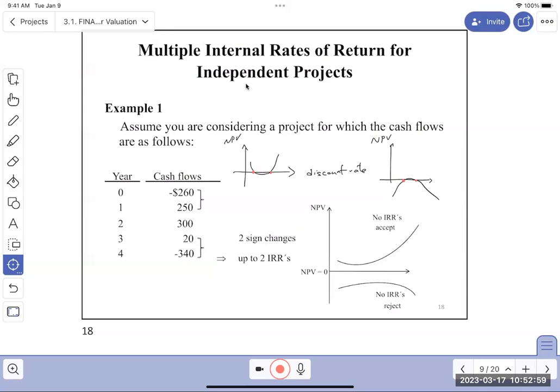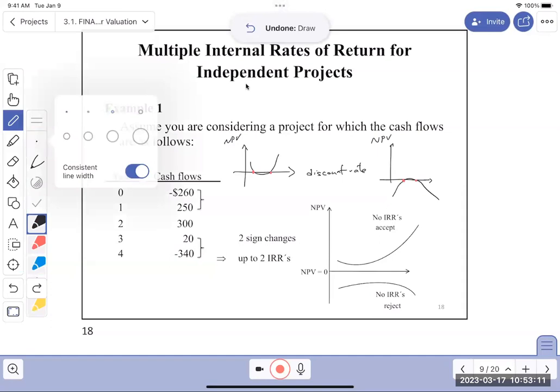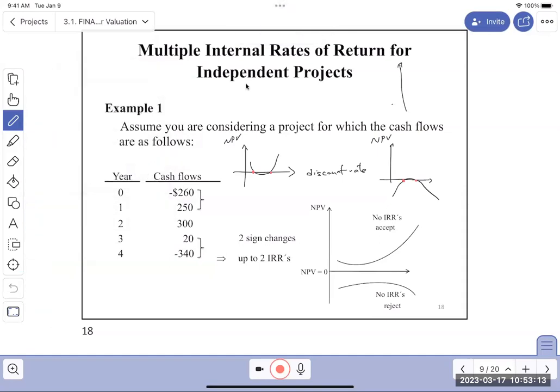We don't want to be at a loss. But mathematically, you could get something like that. Like it's a really flat one.